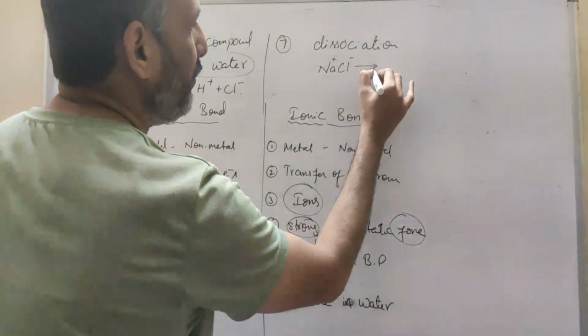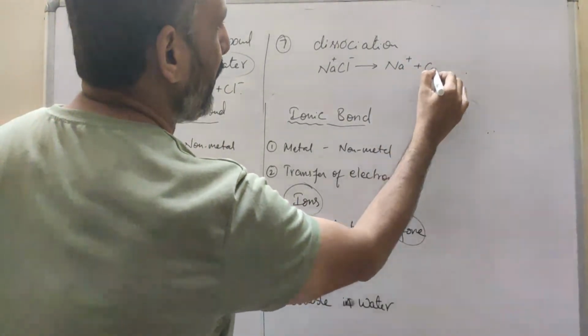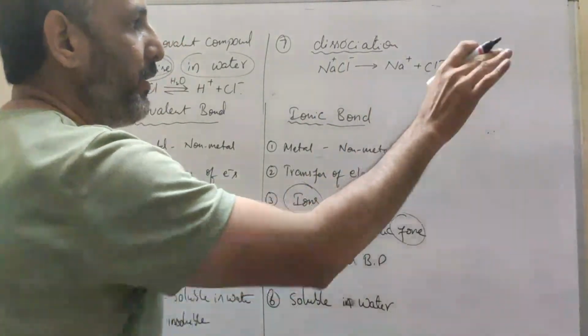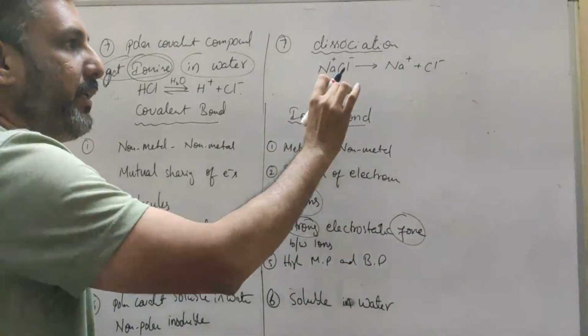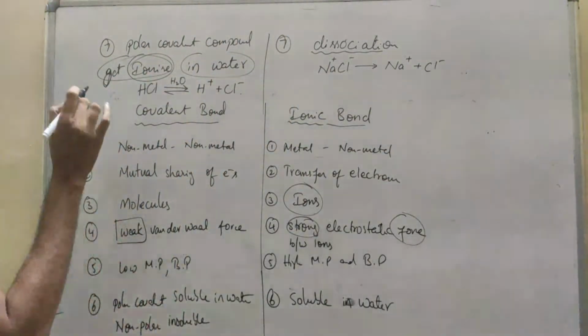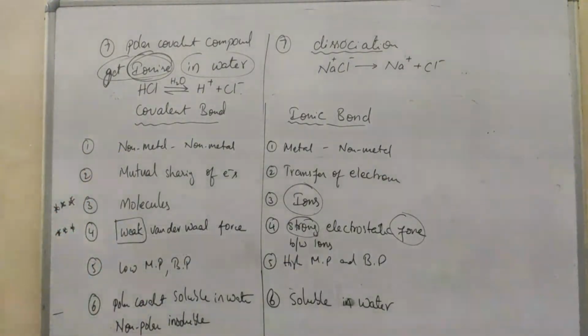When you dissolve it in water, what happens? They just get separated. That separation is called dissociation. New ions are not formed, already ions are there, they get separated. But in case of polar compounds, they get ionized when they are dissolved in water.